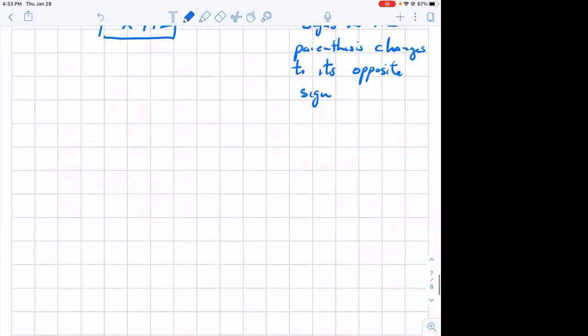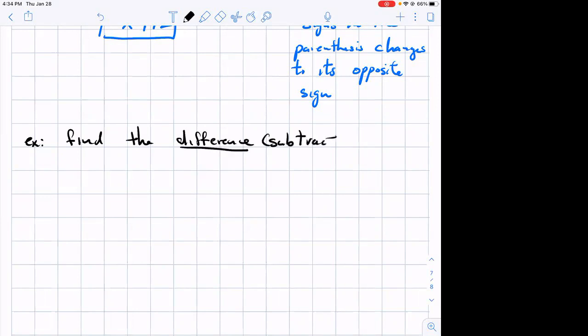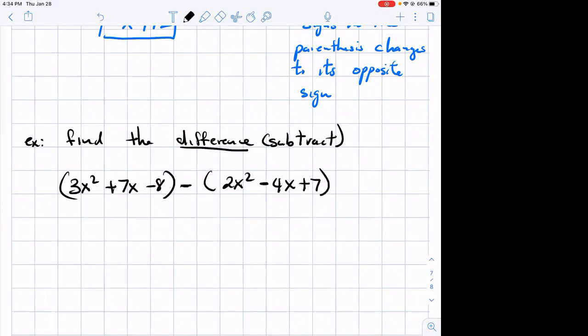If we look at another example, find the difference. Difference means subtract. So if we have 3x squared plus 7x minus 8, and then minus 2x squared minus 4x plus 7.